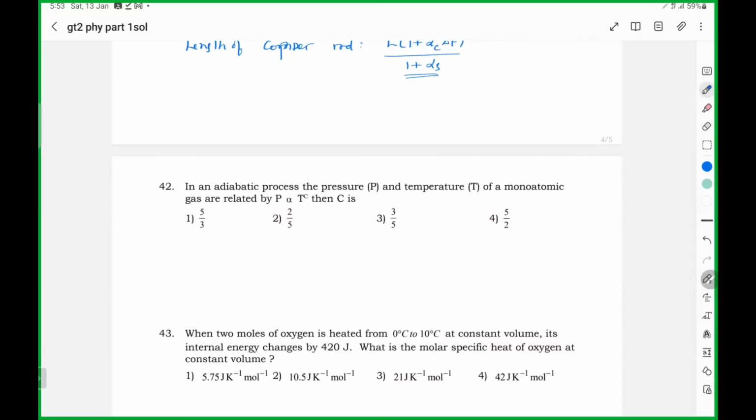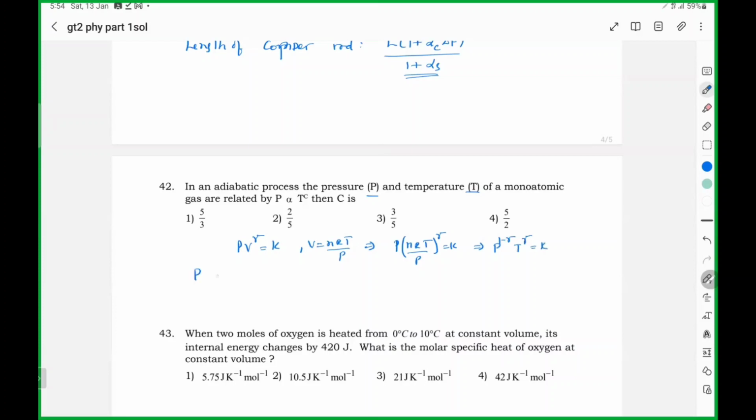So in an adiabatic process, what we have is PV to the power gamma is constant. For an ideal gas, this gives a relation between pressure and temperature. So that is P, (nRT by P) whole power gamma, is constant. P to the power 1 minus gamma, T to the power gamma is constant.